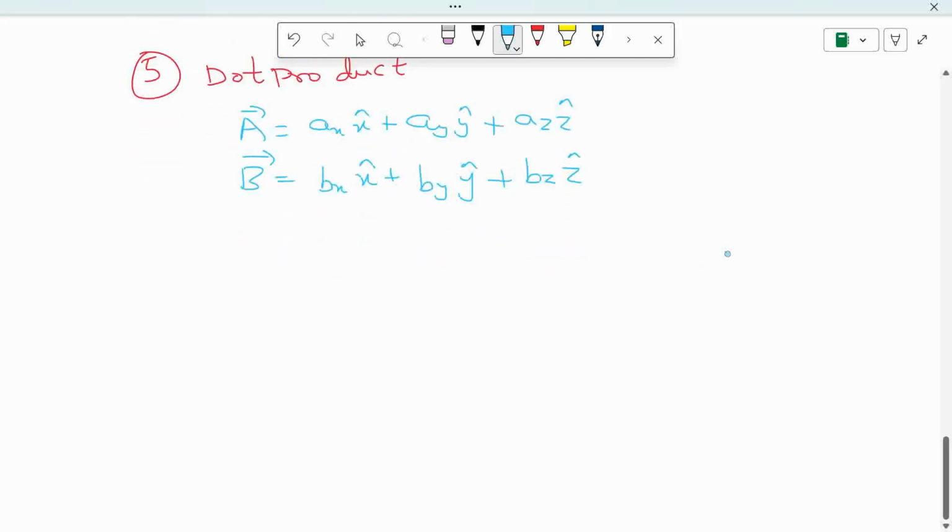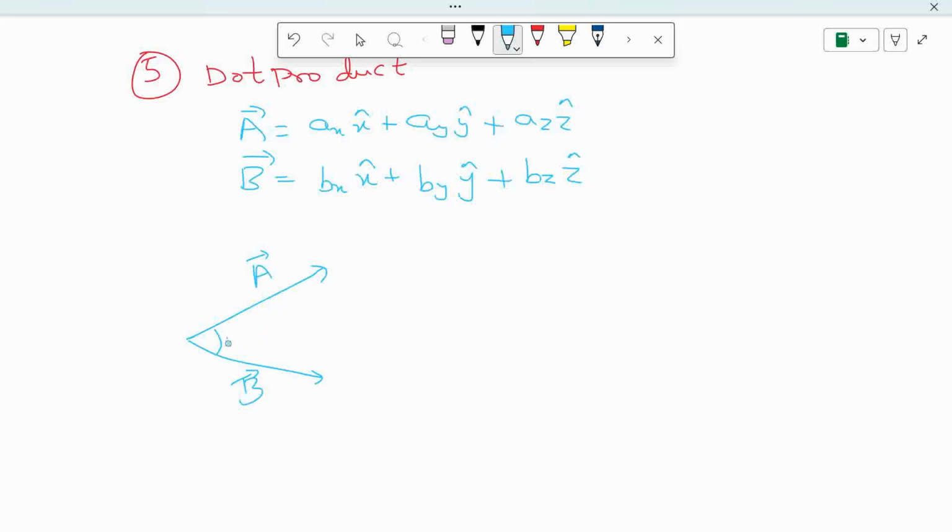Let's say the vectors are like this: a bar. So what the dot product implies is the magnitude of a multiplied with the magnitude of b along the direction of vector a.